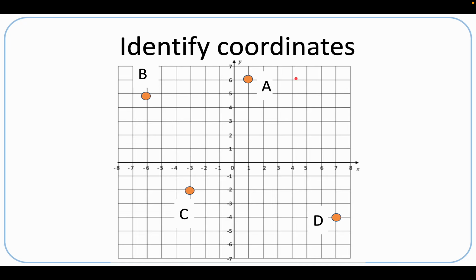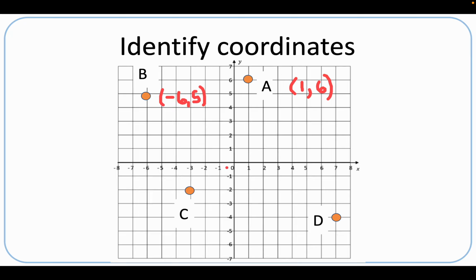I'm going to label this with parenthesis 1 for my x coordinate, and then for y, you can see it's at 6. So point A is at 1, 6. Now point B, again, we start at the origin and move left or right, in this case to the left, it's -6, and then we're going up 5. So this is going to be labeled -6, 5.